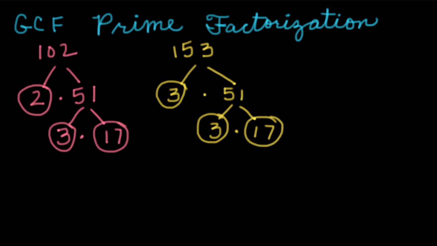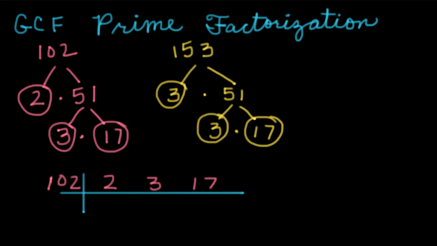Now we're going to list them out and write down the factors of each one. Let's make a list for those two numbers. The prime factorization of 102 is 2 times 3 times 17.